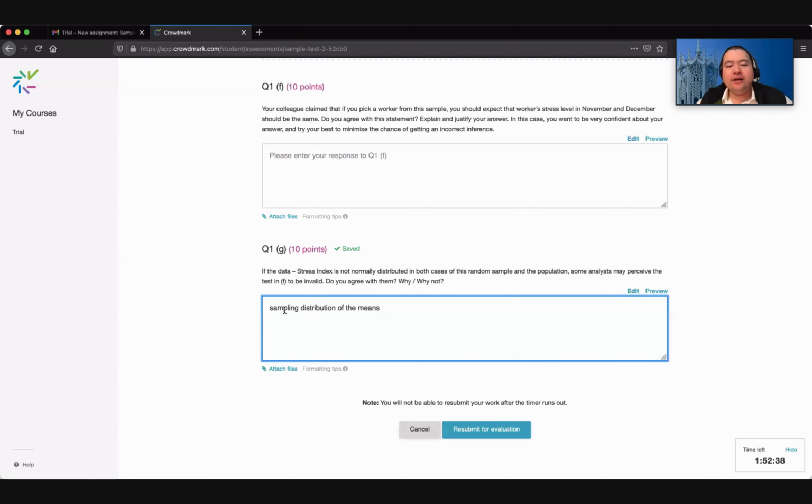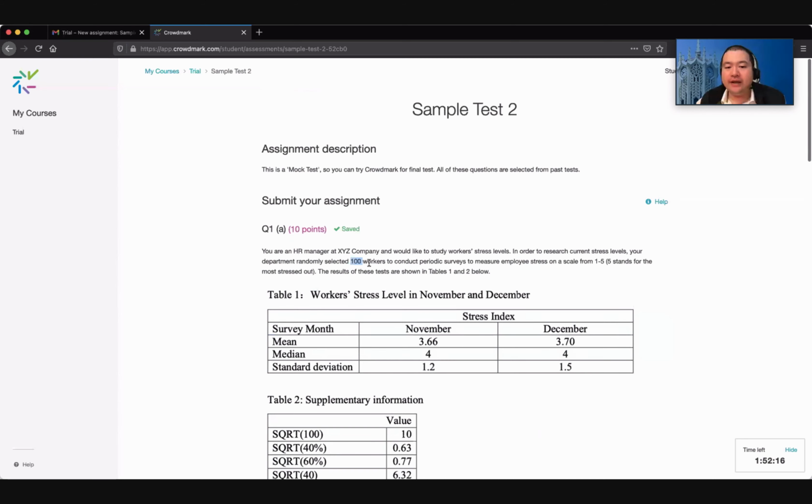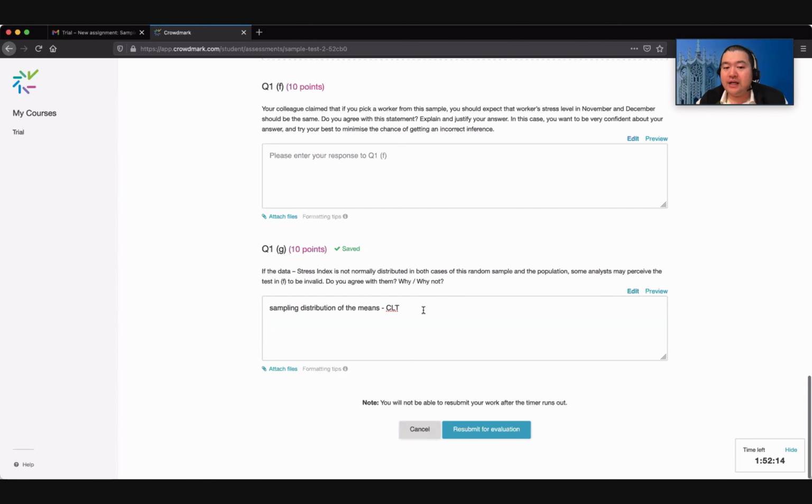By the way, here that is for the central limit theorem, the CLT. That is what Sam had mentioned. The group means are following the normal distribution eventually when the sample size is large. Here, the sample size is 100, so we will be confident that the group means will be normally distributed.